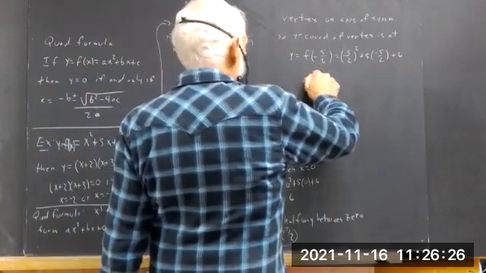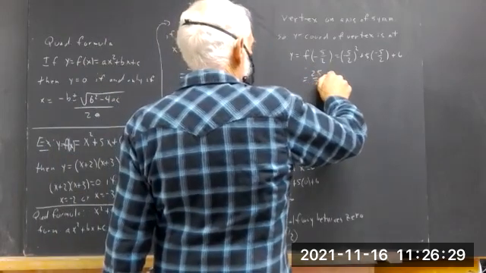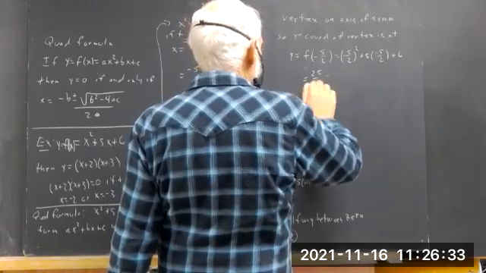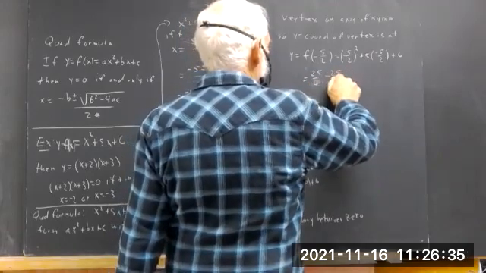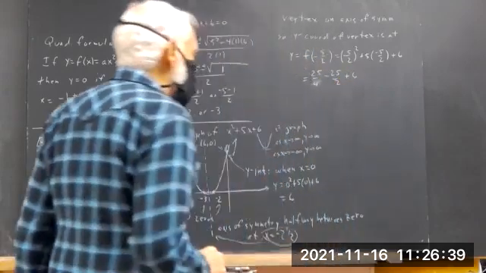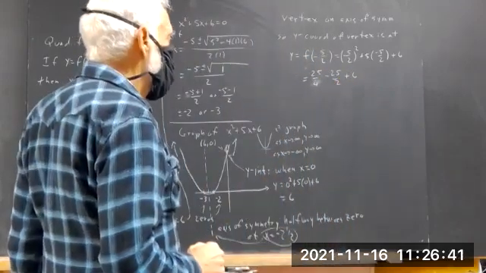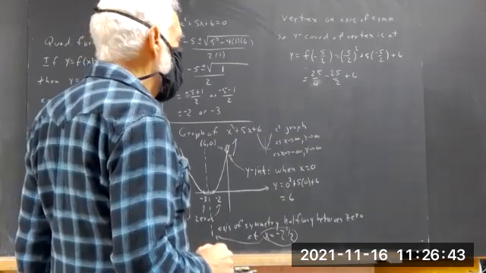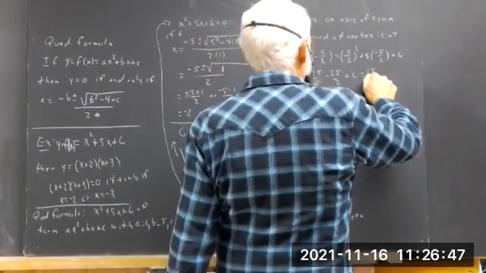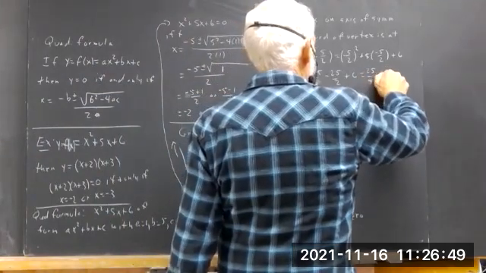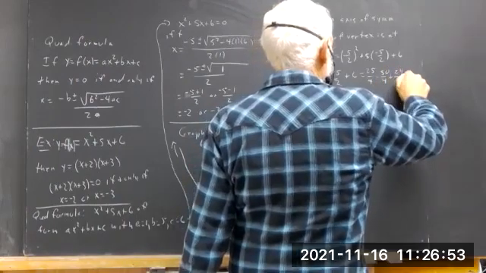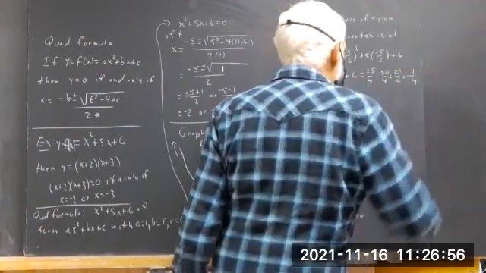It's going to be 25 fourths minus 25 halves plus 6. And that equals 25 fourths minus 50 fourths plus 24 fourths, which is negative 1/4.